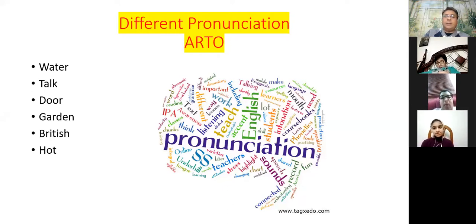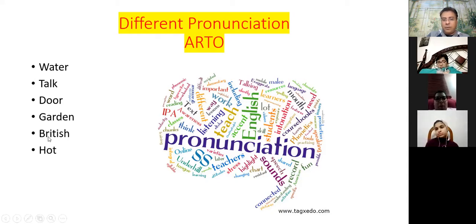Brother and brother. Hot and hot. But here we have to agree about something. Not all R letters are not pronounced in British. If we have R followed by a vowel, I pronounce it, like here in British.